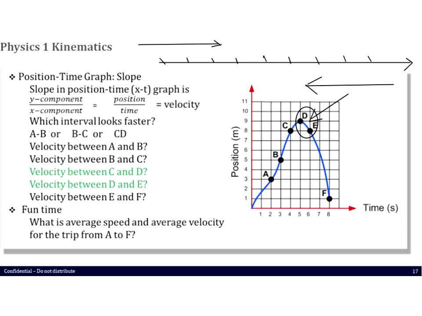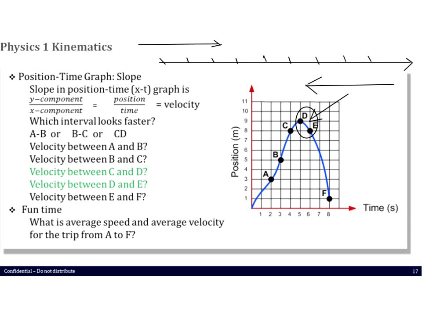4.5. You are missing one point there. It is final position minus initial position. Final position is 8. Initial position is 9. So displacement is 8 minus 9 equals minus 1 meter. Okay, good.